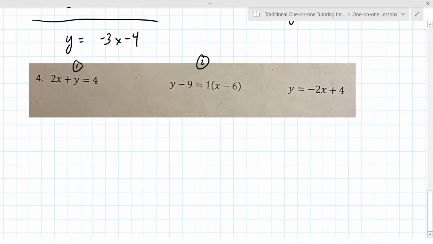So we're doing number 4. Yep. And you can do either one or two, but I want you to solve one or the other for y, your choice. Okay.